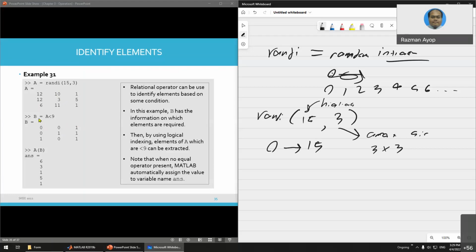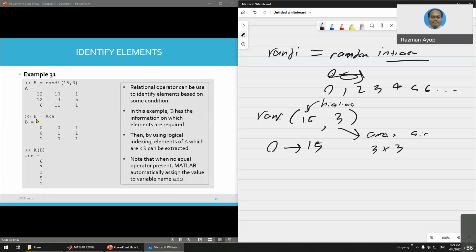You can see here, B is equals to A less than 9. When this happens, you will test everything. If A is less than 9, for example 12 is less than 9, it will be 0. If 6 is less than 9, it is 1. So it will become like this.